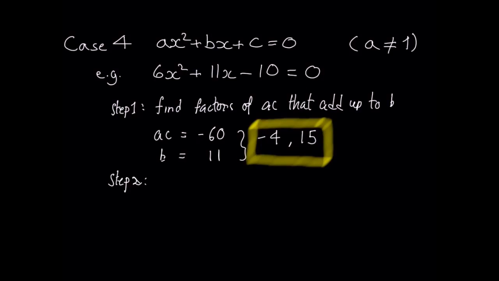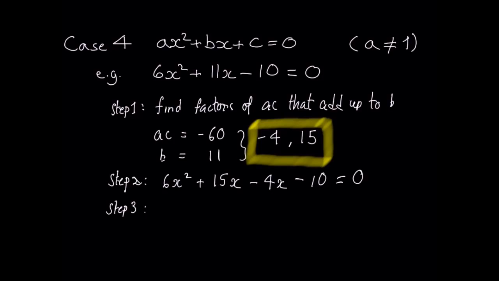We'll rewrite this as 6x squared plus 15x minus 4x minus 10 is equal to 0. That's the reason why we found the factors of AC that add up to B, because we want to rewrite it in this form. And now we've done that, our third step is to factorize the pairs of terms.